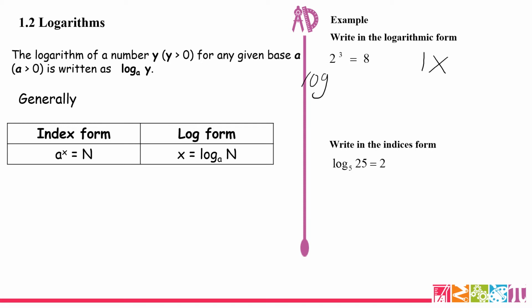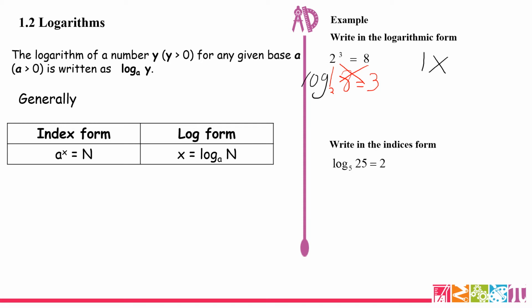For number 2, use the shape of I. For the numbers 3 and 8, use the shape of X. So, 2 power of 3 equals 8. Transferred to logarithm form, it becomes log 8 base 2 equals 3.